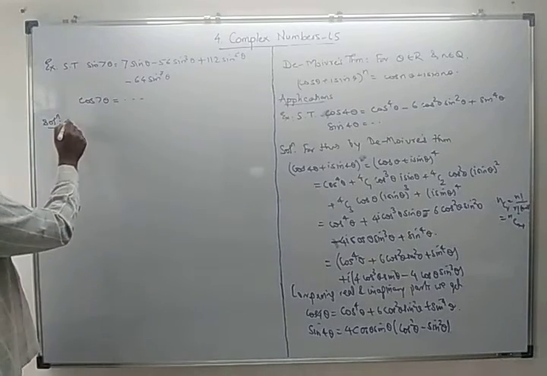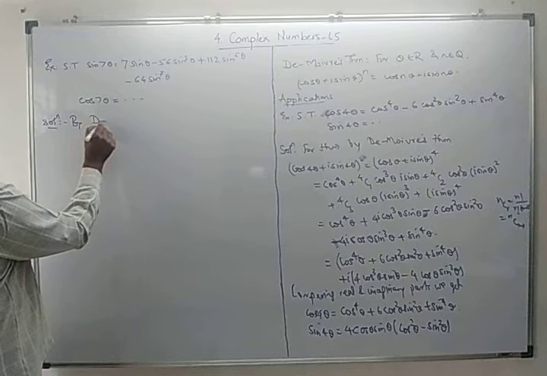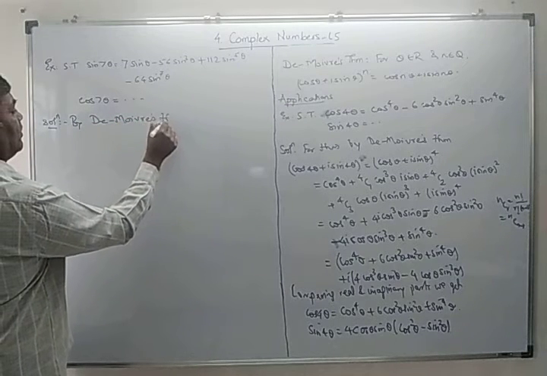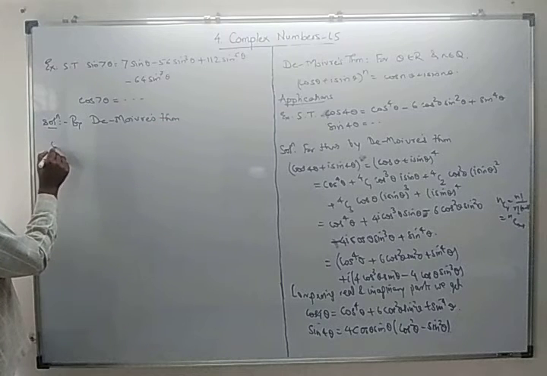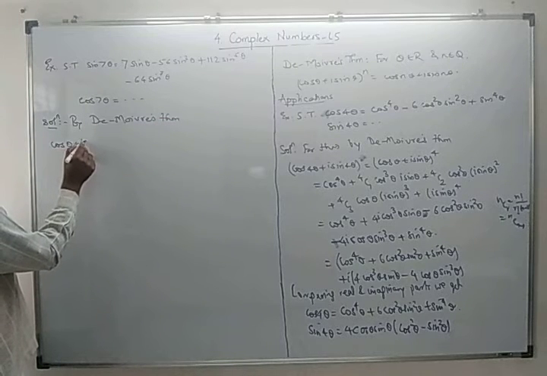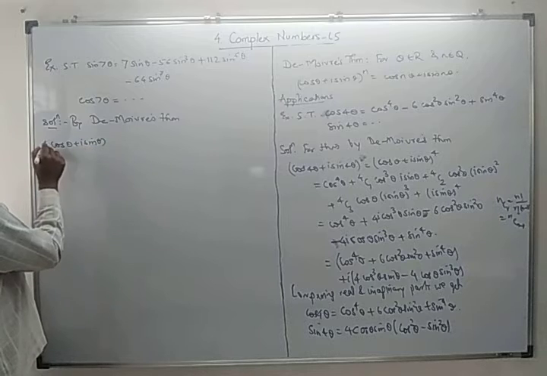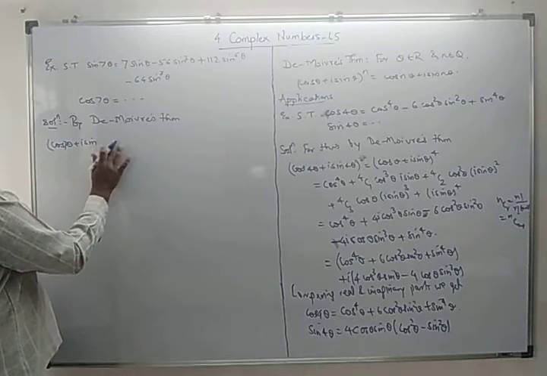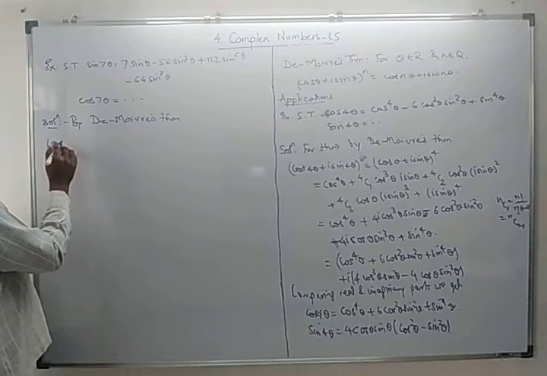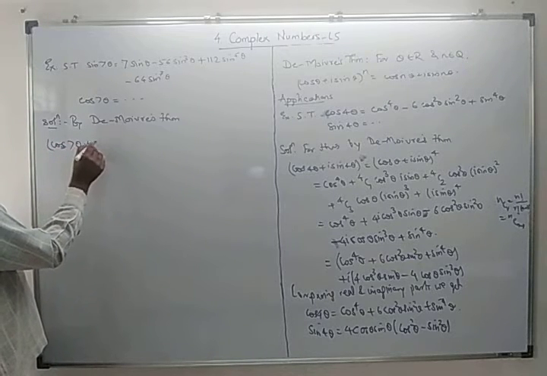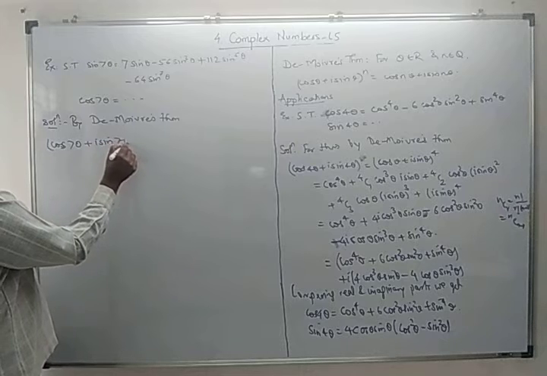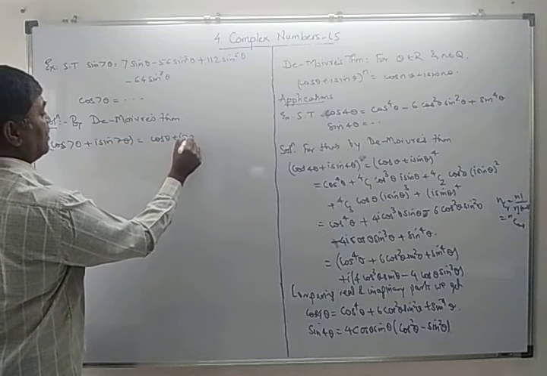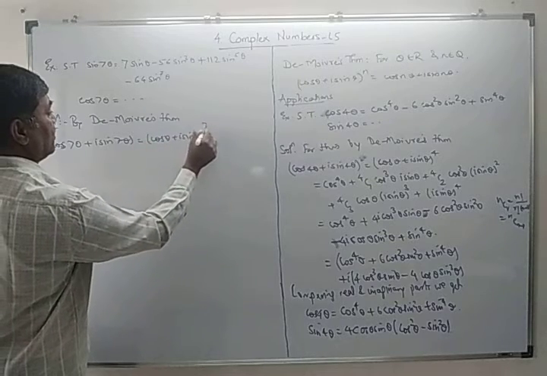So by De Moivre's theorem, (cos theta plus i sin theta) raised to 7 is cos 7 theta plus i sin 7 theta, which is equal to (cos theta plus i sin theta) raised to 7.